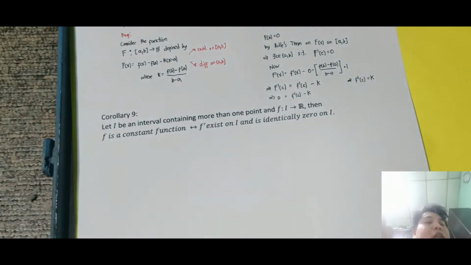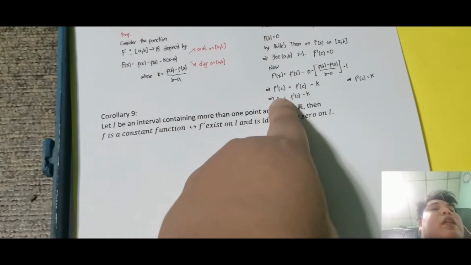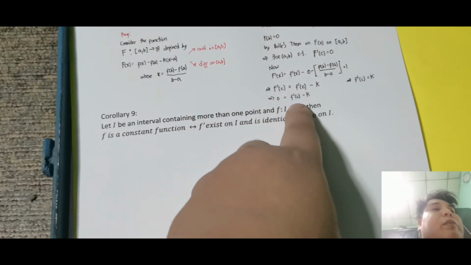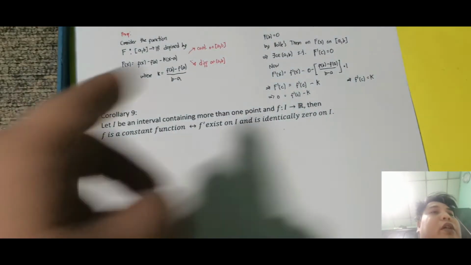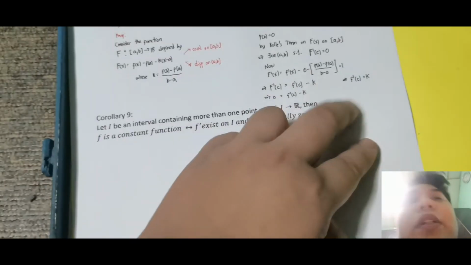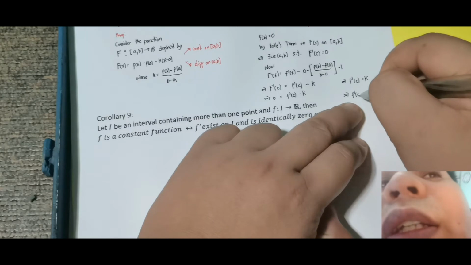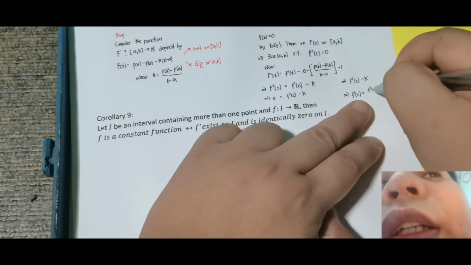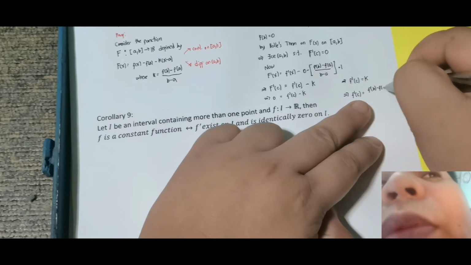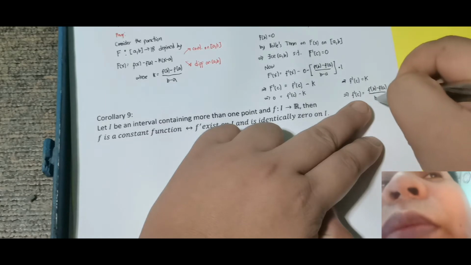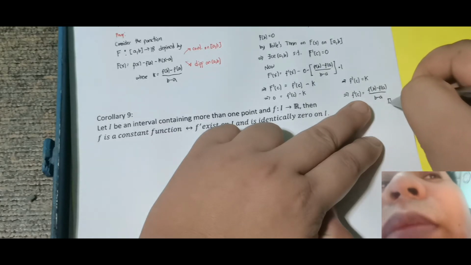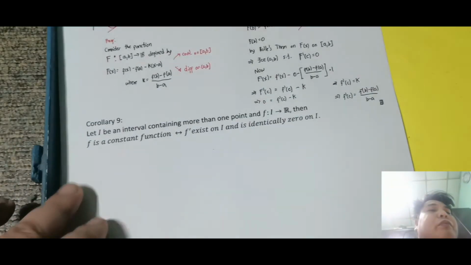Now, what does k mean? Therefore f prime of c is equal to f of b minus f of a all over b minus a. Therefore, the mean value theorem is proved.